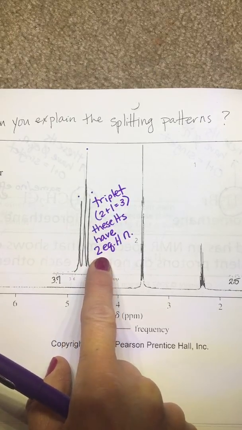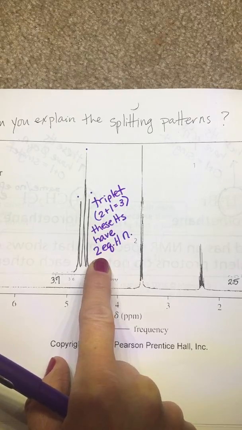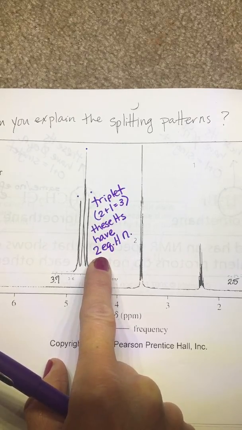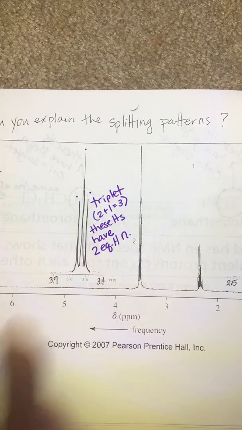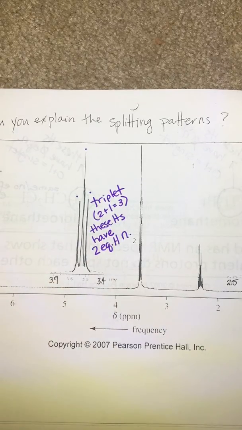The only way to get 2 equivalent hydrogen neighbors is a CH2 group, usually, or you could have maybe 2 CH groups, 2 methine groups, but they would have to be in an equivalent environment.